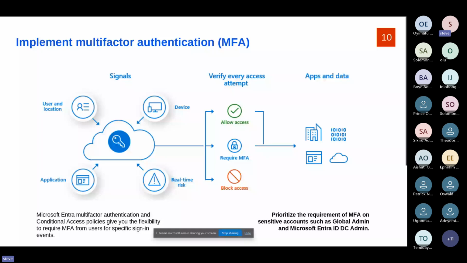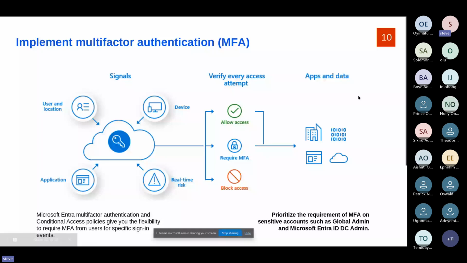So all those policies that we can give on-prem, the conditional access policy gives us that granular feature of assigning policies based on users and location, based on application. It can be based on devices or based on real-time risk. And we can choose to allow a particular set of people, device, or application, or we can choose to block them from accessing applications and data.